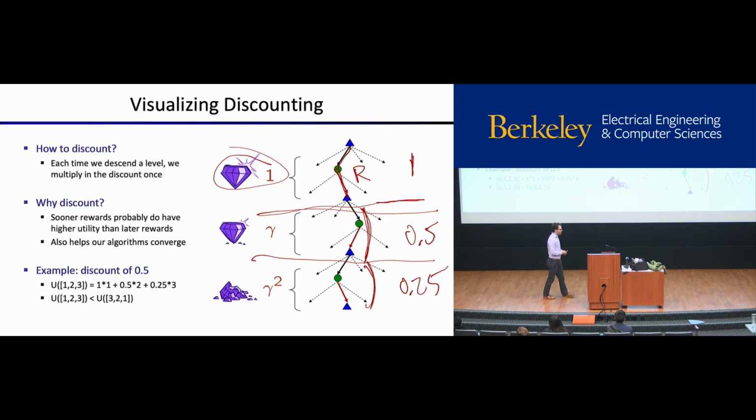So if I see the same rewards in a different order, where I get the big rewards first, I'm going to prefer that because it amounts to a higher expected sum of discounted rewards. So discounting allows us to trade off between getting big rewards early versus big rewards late. That's nice.